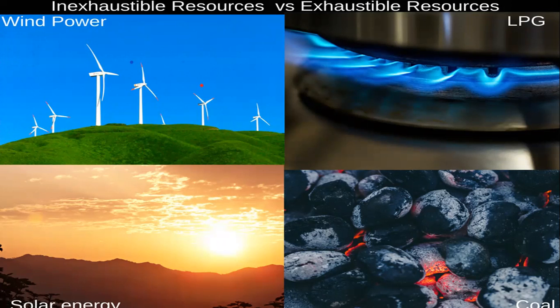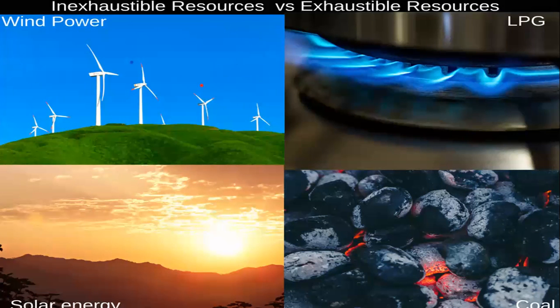It will be available for you, because once it finishes, then next day you can get it again, like solar energy, like solar panels, like solar cells we are using nowadays. Why are we using this type of solar energy? It can be called a renewable source of energy, because next day you can renew.